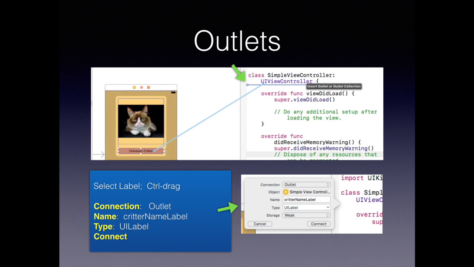When we do the control drag, we'll get a little pop-up window, and we can then select the type of connection that it is. In our case, it'll be an outlet.